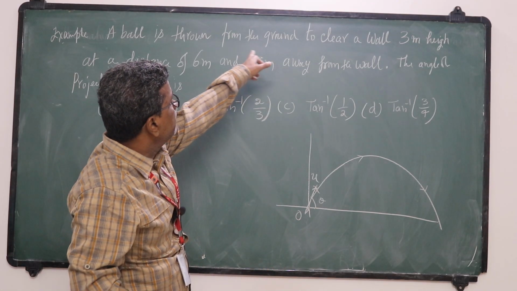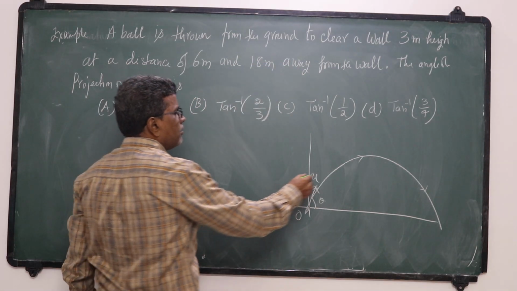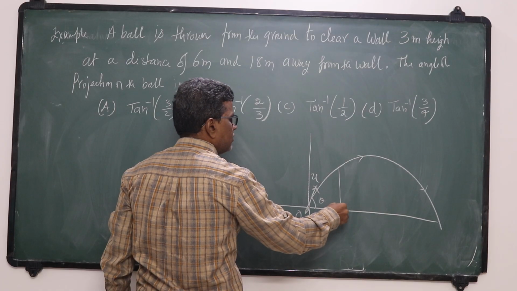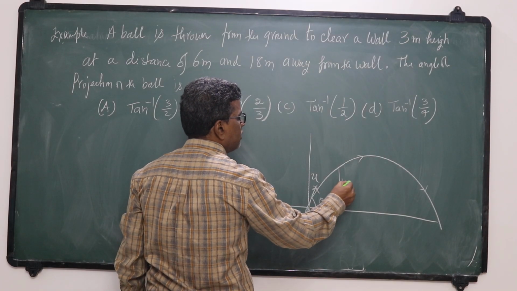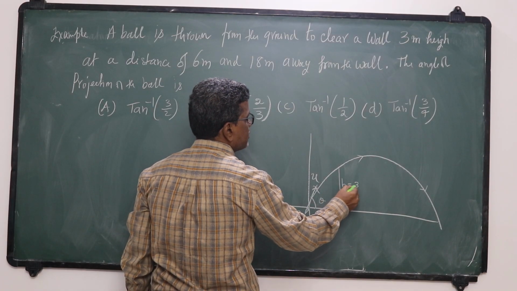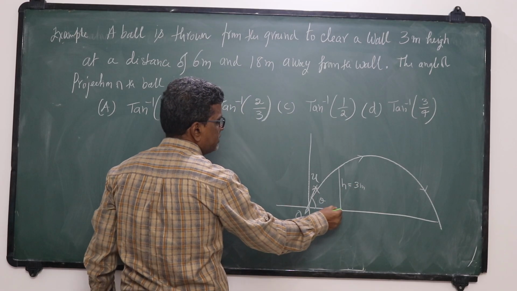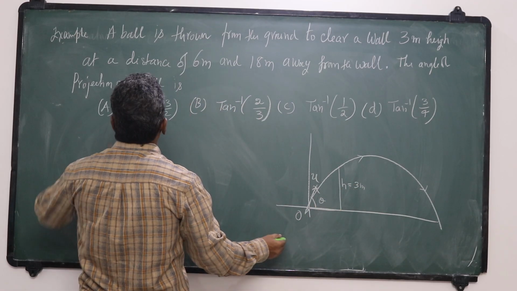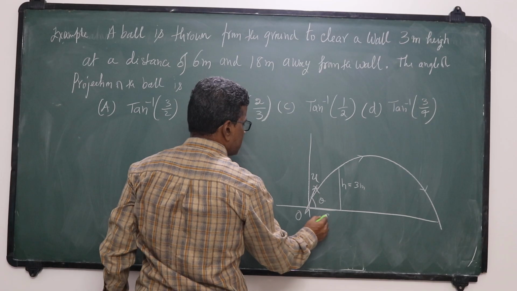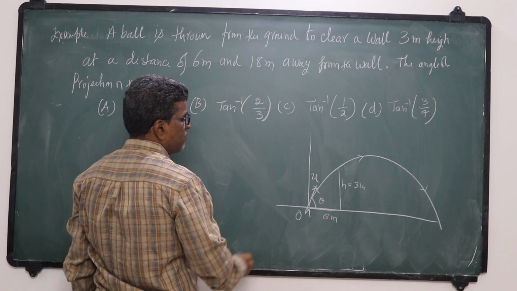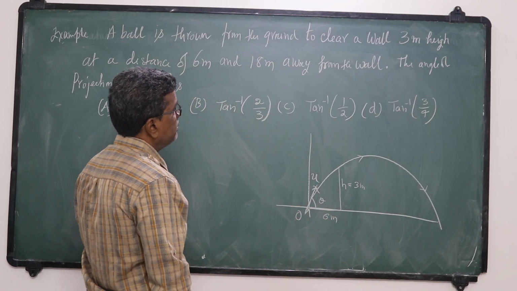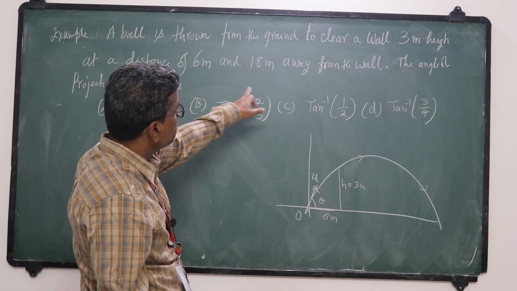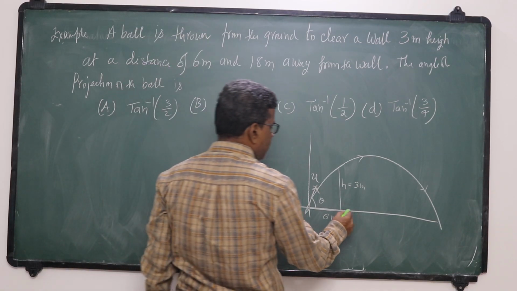So there is a wall to clear. What is the height of the wall? It is 3 meters. Where is it? At a distance of 6 meters from the point of projection. And where will it fall? 18 meters away from the wall.